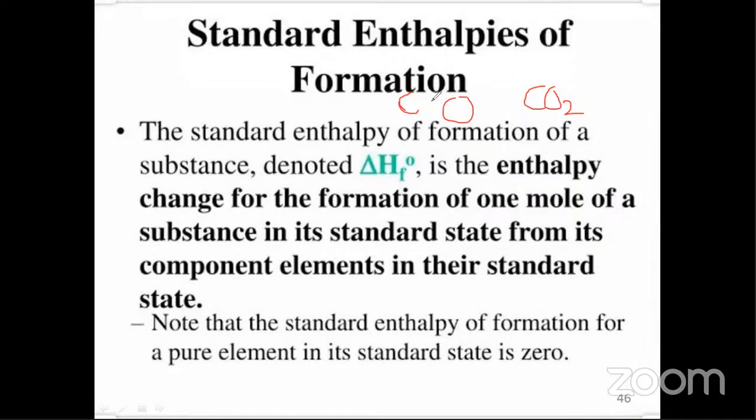Then whatever the enthalpy change taking place during the formation of this carbon dioxide, this change in enthalpy is known as enthalpy of formation. Okay, it is indicated by delta HF0, means enthalpy of formation.